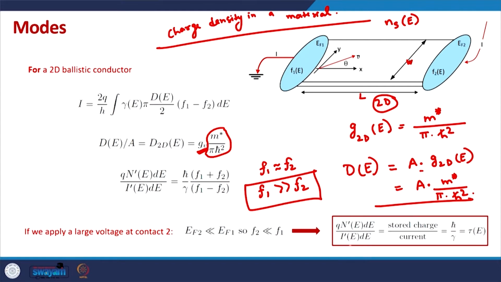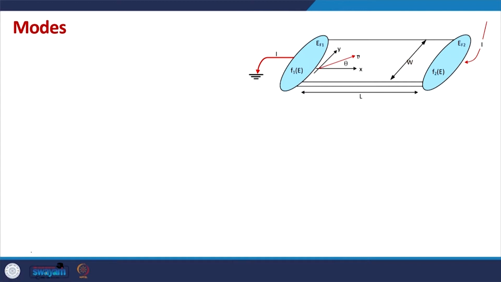Let us say we have the charge density NSE in the material. In our 2D channel, somehow we are able to deduce the charge density to be NSE.